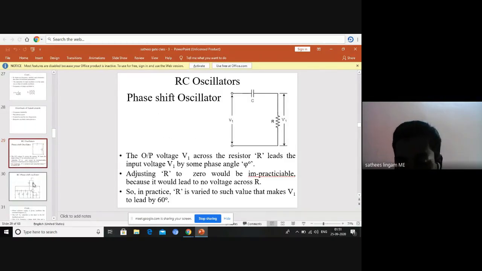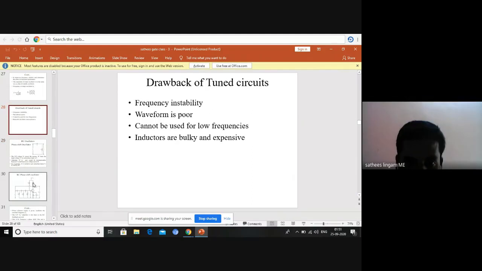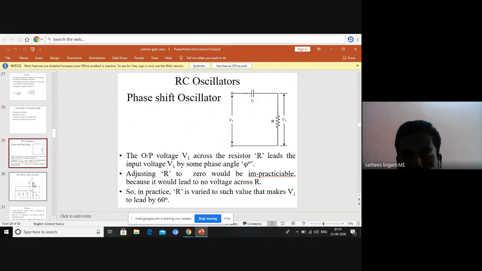To overcome these drawbacks, we go for another one, RC oscillators. Instead of an inductor and capacitor as a tank circuit, here we use RC.